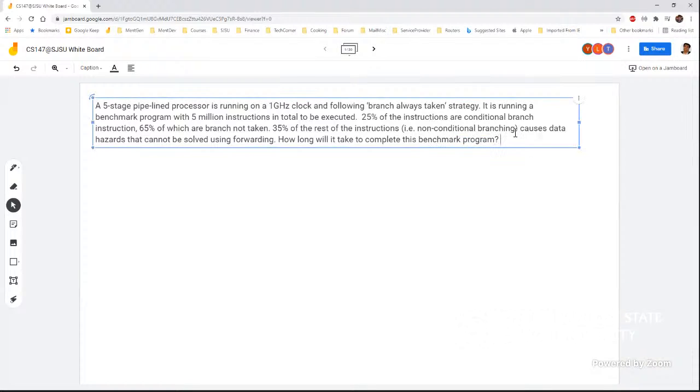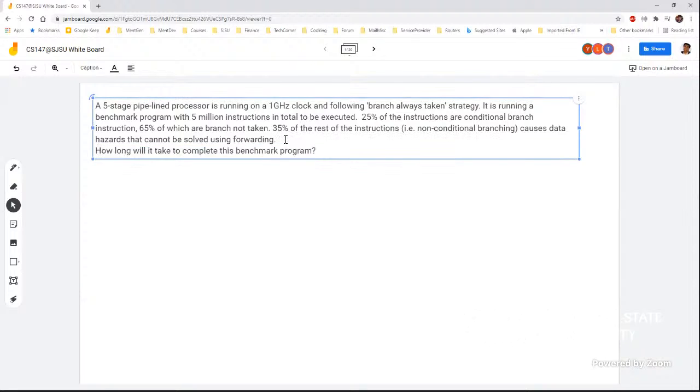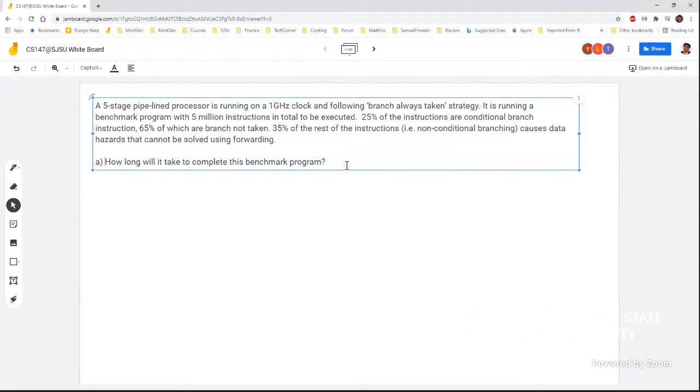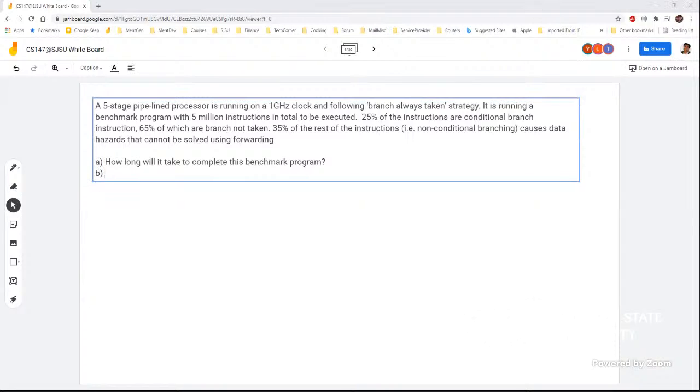And let me add one more problem there. So this is the first problem. Professor? Yes. So we should assume that the instructions are also not resolved through reordering? Yeah, it's not resolved through reordering or anything. Okay.